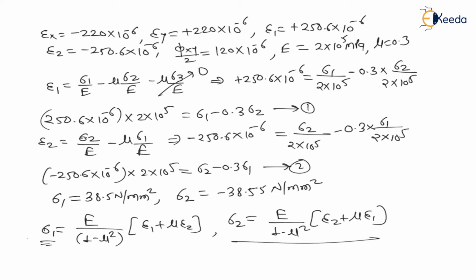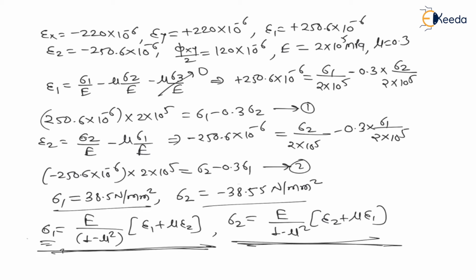With these formulas you can directly find sigma 1 and sigma 2, instead of forming two equations and two unknowns, and you will get sigma 1 equal to 38.55 and sigma 2 as minus 38.55 Newton per mm square.